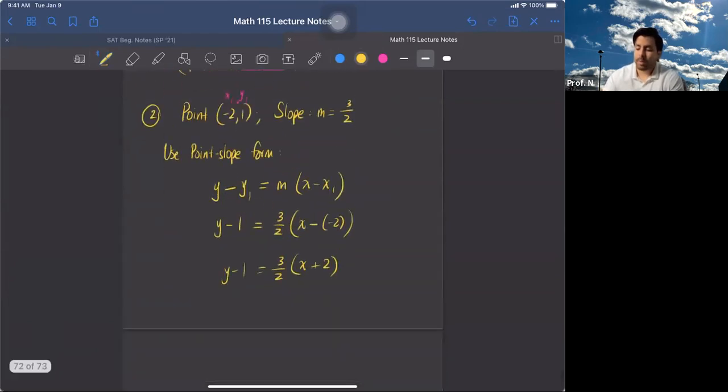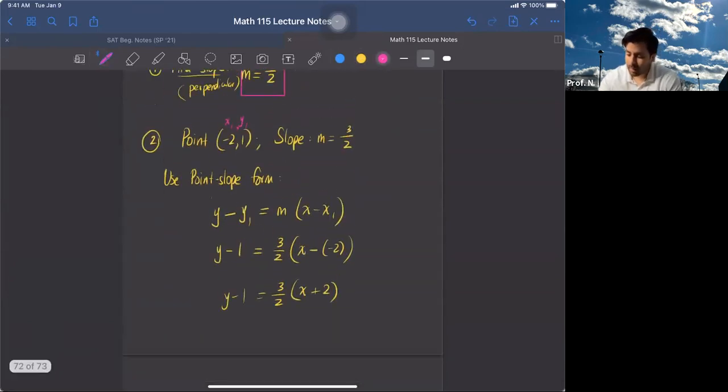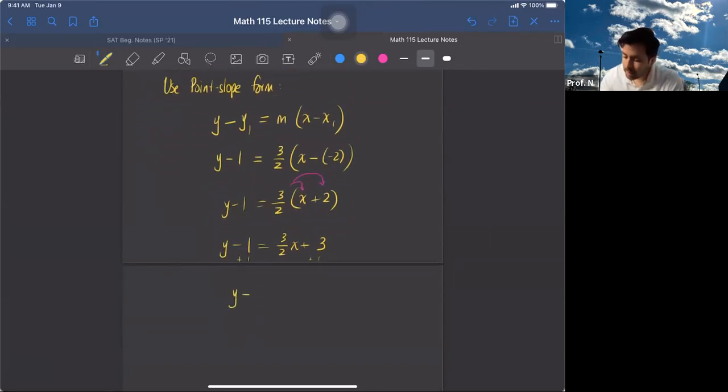If I want to write the slope intercept form of a line, then I must distribute, and I get y minus 1 is equal to 3/2 x plus 3/2 times 2 is 3. Add 1, add 1. And I get y is equal to 3/2 x plus 4.